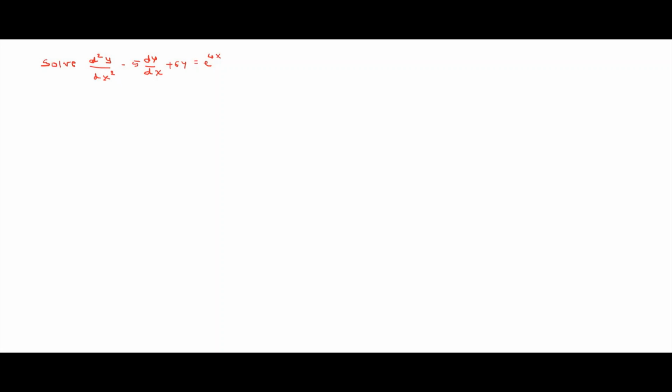So far we have solved examples where the right hand side is 0, but here the right hand side is e raised to 4x, which means we can find the particular integral.